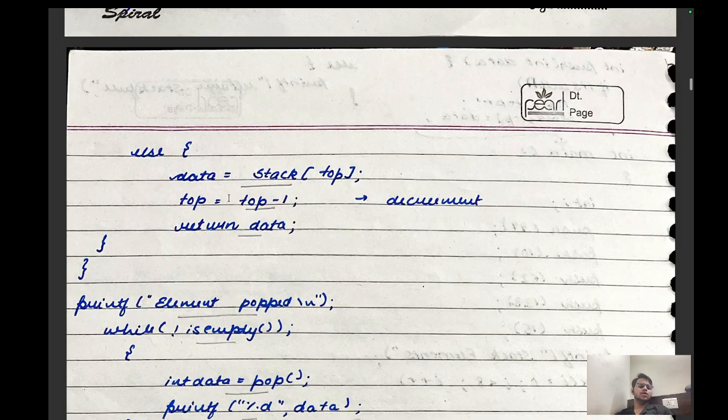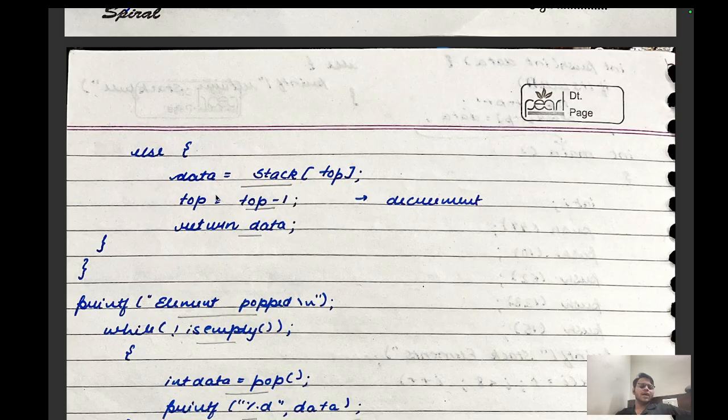The pop operation is done in a manner that the other elements do not get hampered, and the whole data is not removed from the stack. Only the topmost element is popped.